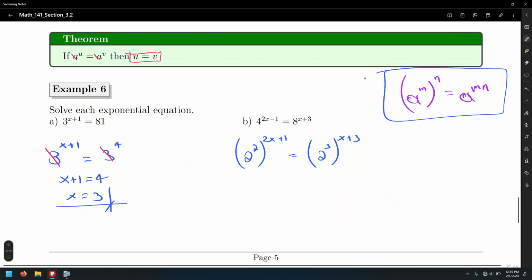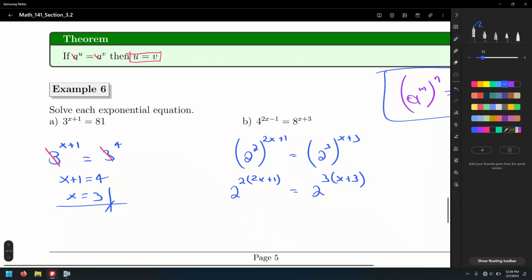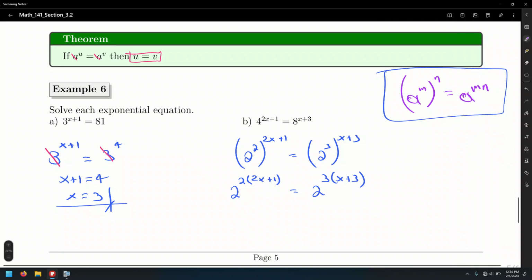So let's recall this formula, this law of exponents. We're going to multiply 2 times 2x plus 1, as 2 to the 2 times 2x plus 1, equals 2 to the 3 times x plus 3. In this case, we got the equation in the desired form.